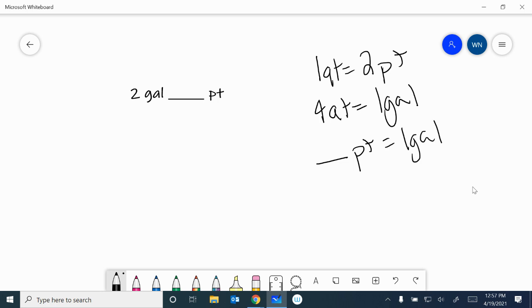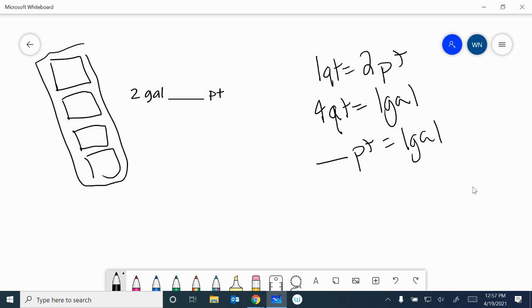Let's look at that. 4 quarts to a gallon, 1 quart equals 2 pints. So for every quart, 1, 2, 3, 4 quarts in my big gallon, there are 2 pints. So pint, pint, pint, pint, pint, pint, pint, pint. That gets me 8 pints in my big gallon.